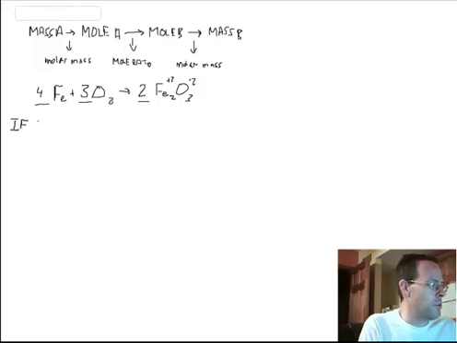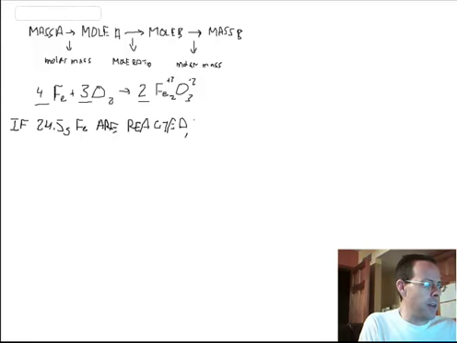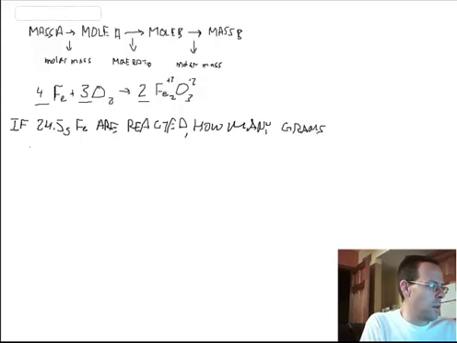Alright, so we might have a question like this. If 24.5 grams of iron are reacted, how many grams of Fe2O3 are formed or are produced or made.